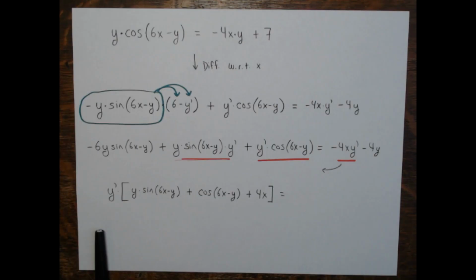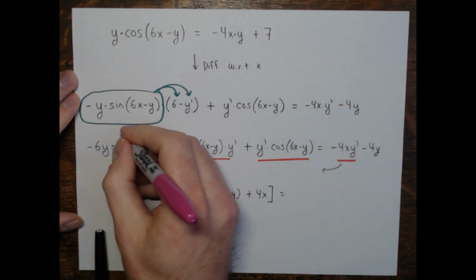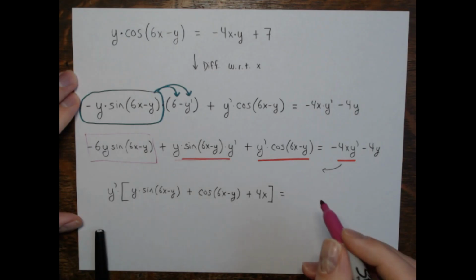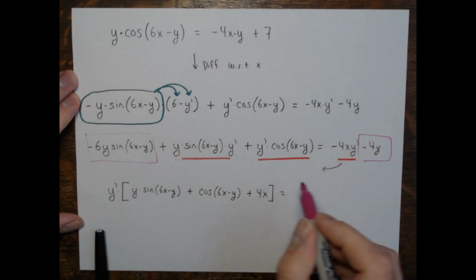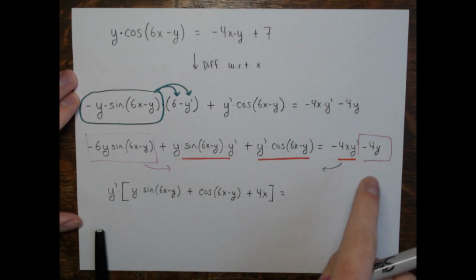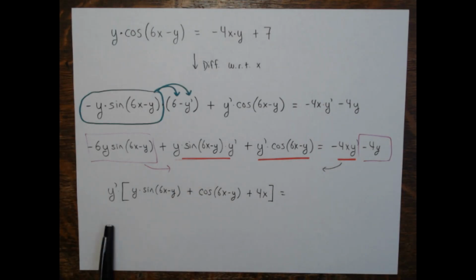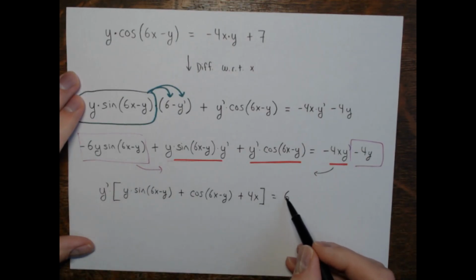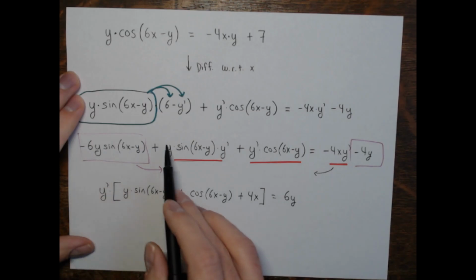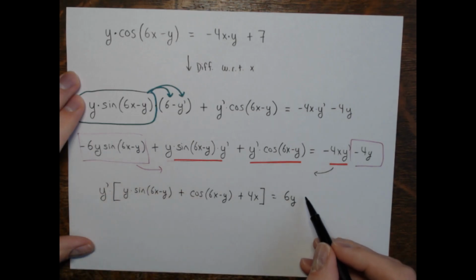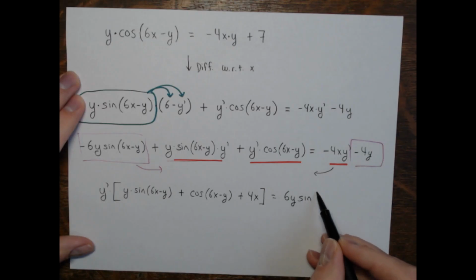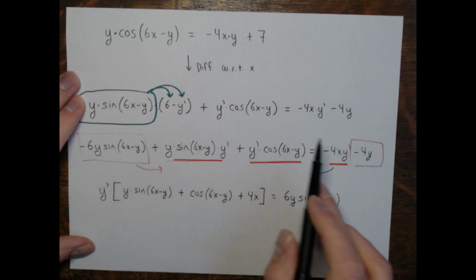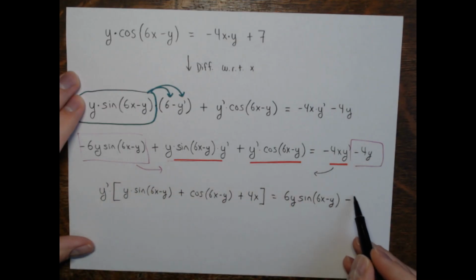Then all the terms that don't have y prime, I'm going to move to the right side. So over here we'd have positive 6y times the sine of 6x minus y, which was moved over, and then you still have the minus 4y on the right.